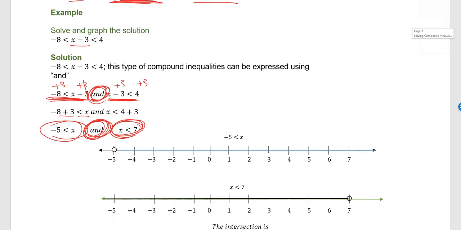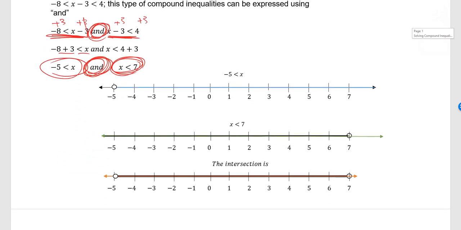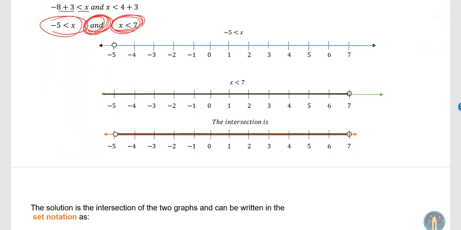So the full solution is the intersection of both of them. It's whatever values are common to both portions of the expression. Let's graph the first portion first. Minus 5 is less than x. So I go to minus 5, I draw an open circle because I'm not including minus 5 itself, but I'm including everything that is greater than minus 5, whatever goes in the positive direction from minus 5. This is the solution to the first portion. The second portion is x less than 7.